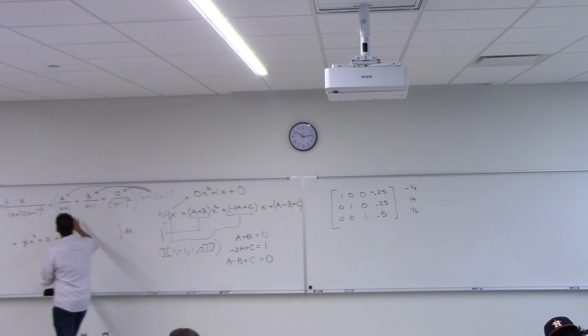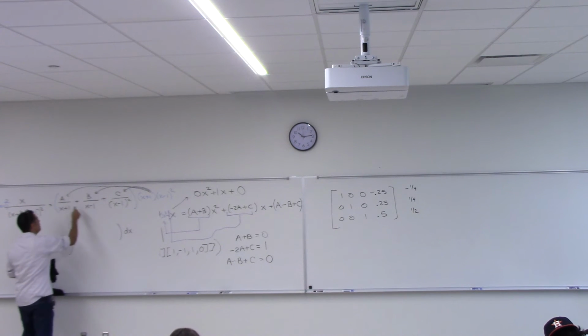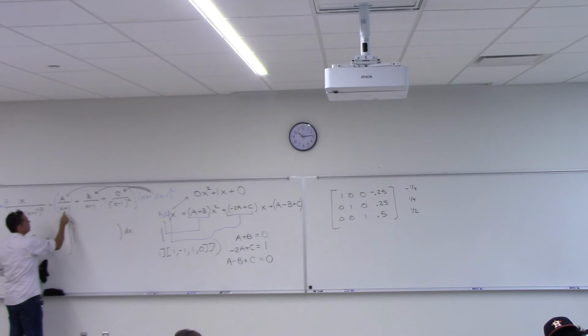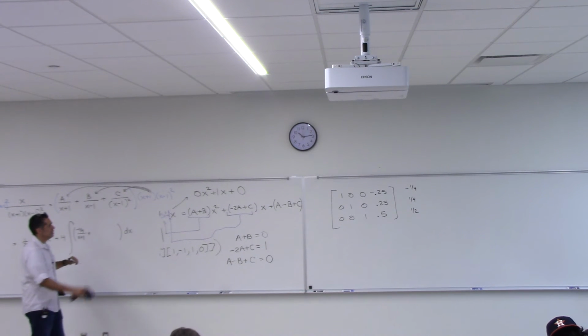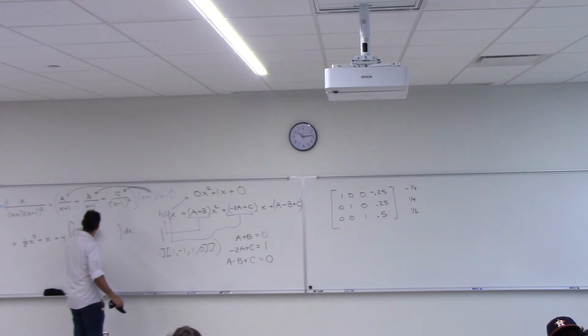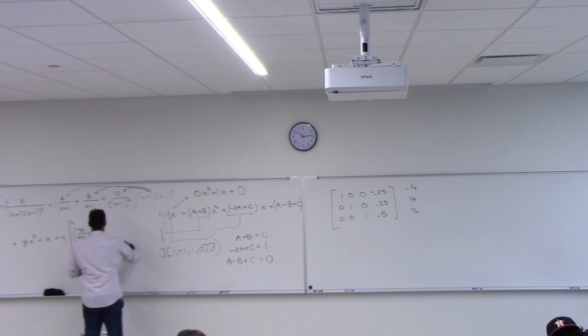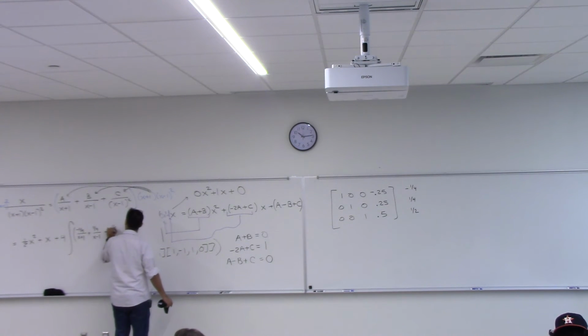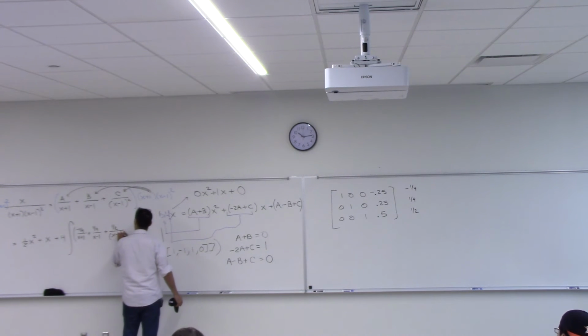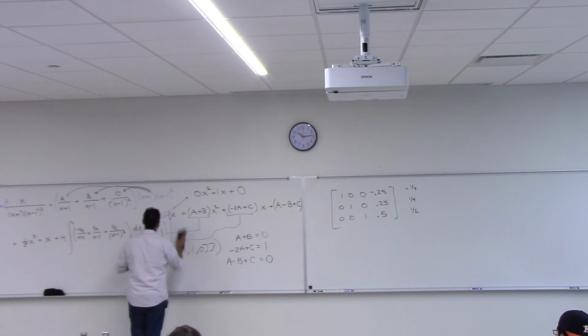A, for us, is negative 1/4, so I have negative 1/4 over x plus 1, plus b, what's b? 1/4 over x minus 1. And then c, which is 1/2 over x minus 1 squared dx.